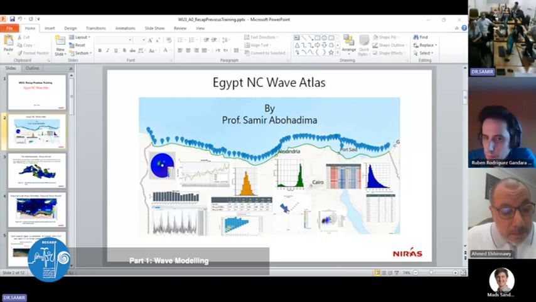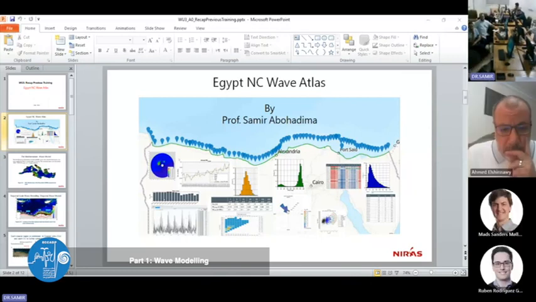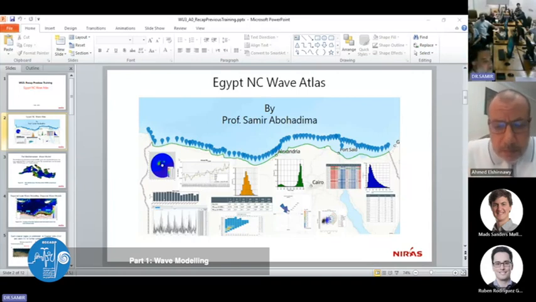All that I'm going to present is hindcast model, derived from the wind. So the global Mediterranean wave model, and we focus only on the Egypt north coast, so we derive something called the regional wave model.